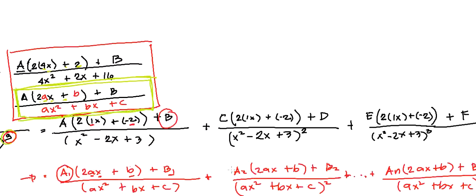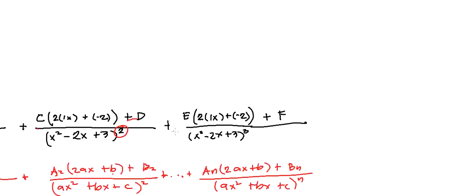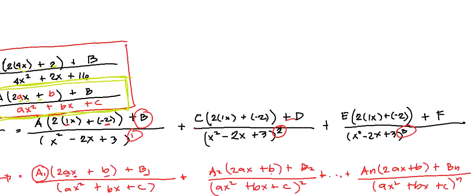Then we need to add some more, so we designate this a2 as letter c, then 2 again, and our a is 1, then x plus again negative 2, our b is negative 2, then plus another letter, all over the quadratic, but now raised to 2. Until such time that our n is equal to 3.